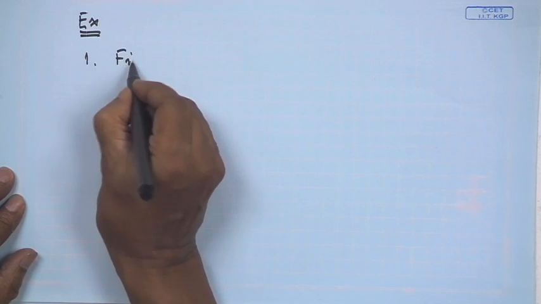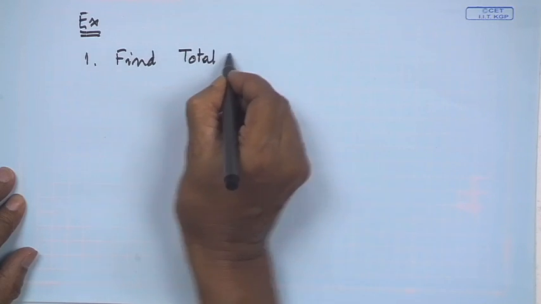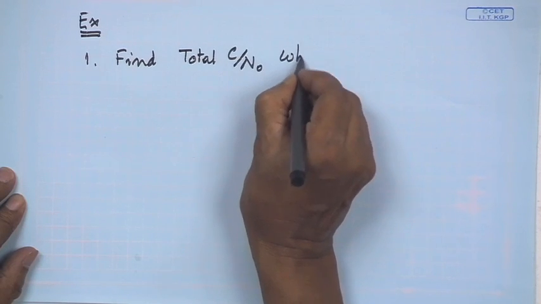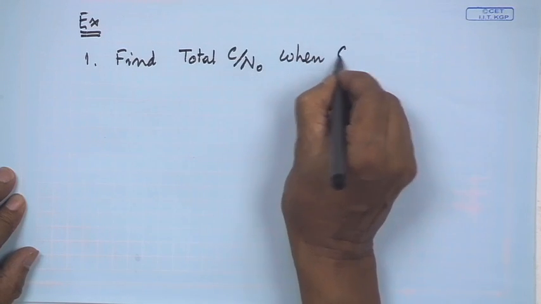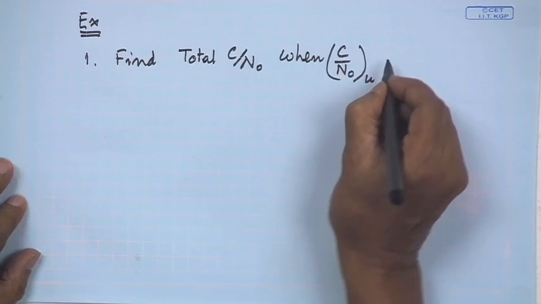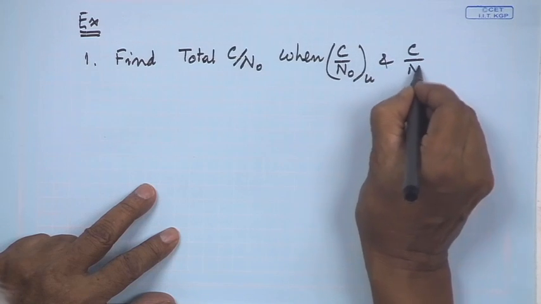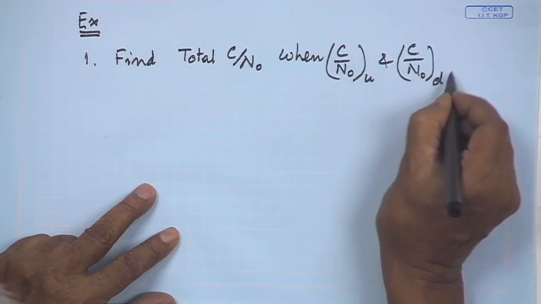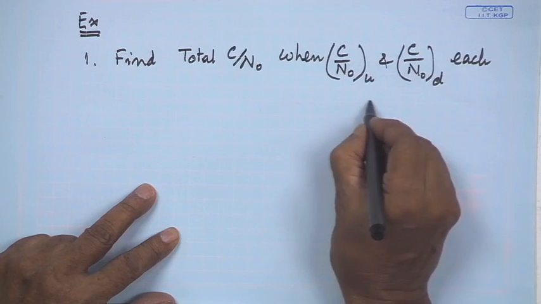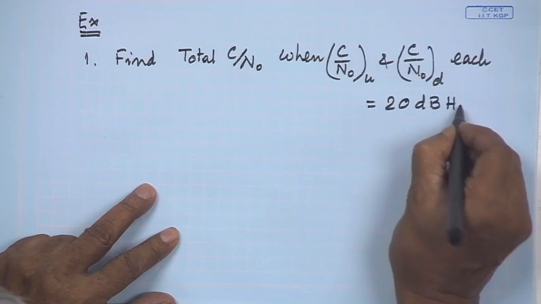Find total C by N0 when C by N0 up and C by N0 down, each equal to 20 dB hertz.